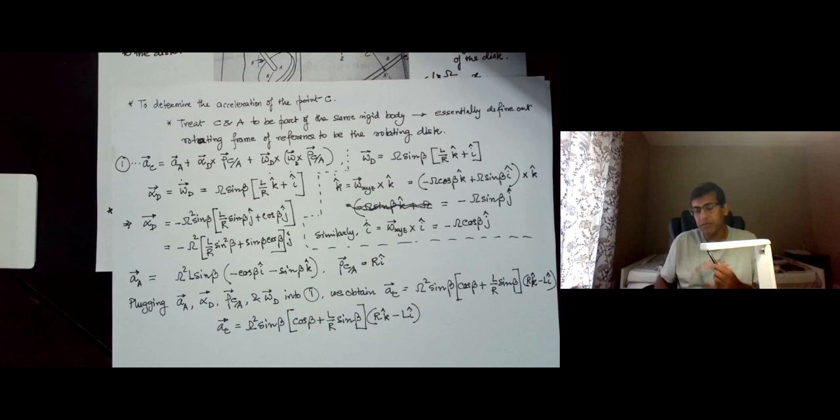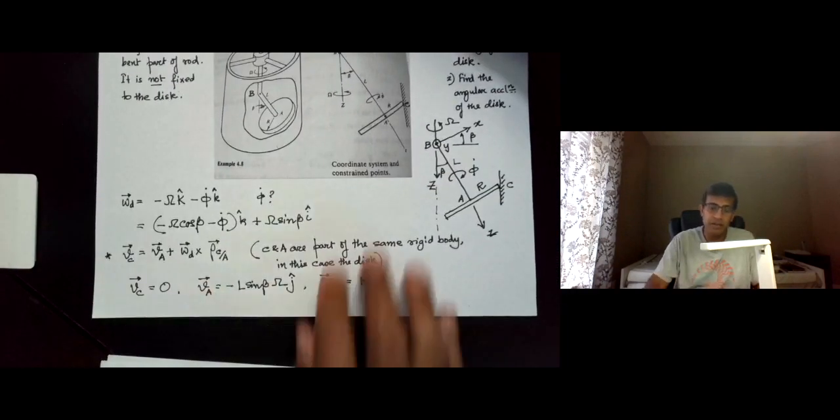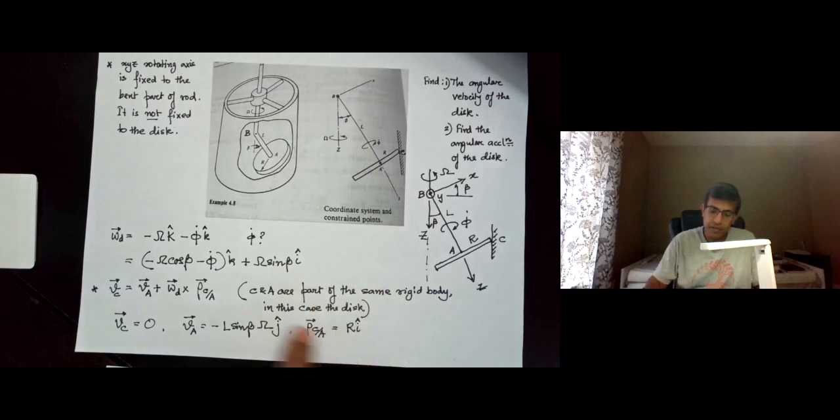Where I want to solve the angular velocity of the disk as we have done here. See, this was the first thing that we had solved. We set up the problem and we found the angular velocity of the disk.